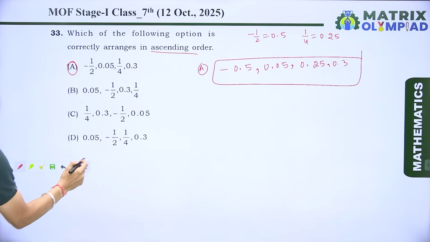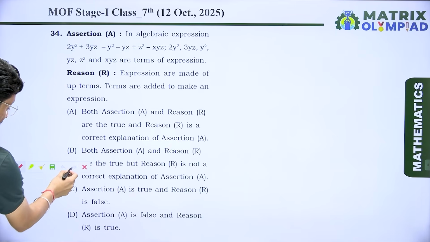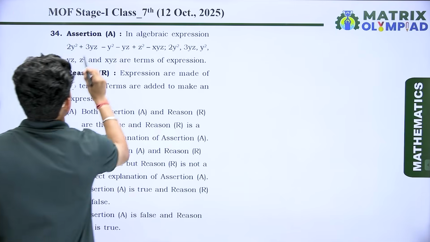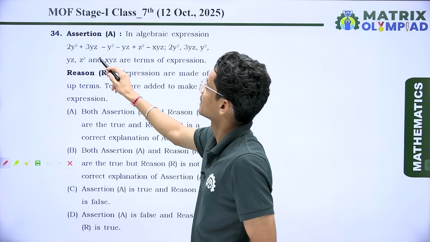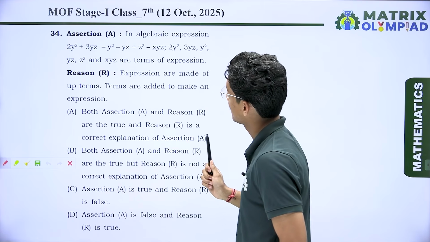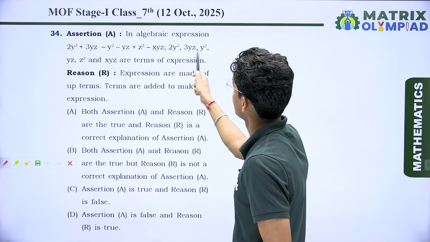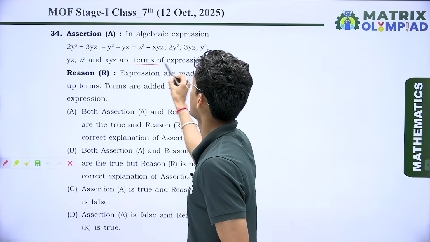Now the next question is based on assertion and reason. The assertion is: in the algebraic expression 2y square plus 3yz minus y square minus yz plus z square minus xyz, 2y square, 3yz, y square, yz, z square and xyz are the terms of the expression.